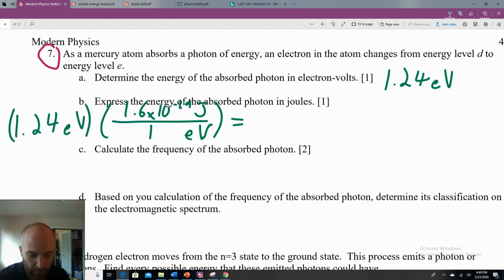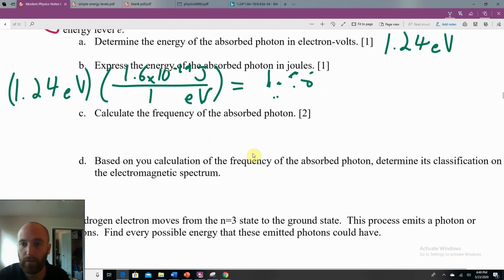When you do that, I got 1.984 times 10 to the negative 19 joules.